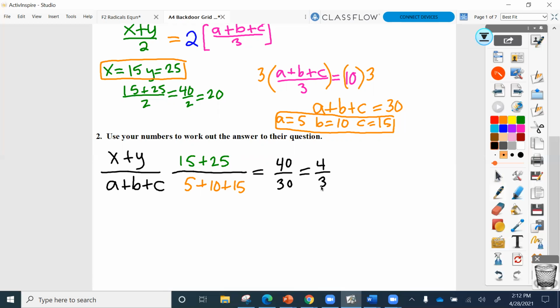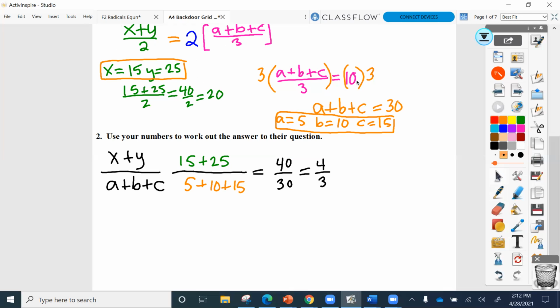Now, the numbers that I chose are not the only numbers that would work, but you'd have to make sure that this is equal to, this average is twice as much as this average. So I picked numbers for these, figured out, all right, the average of x plus y is 20, so that 20's got to be twice as much as this average.